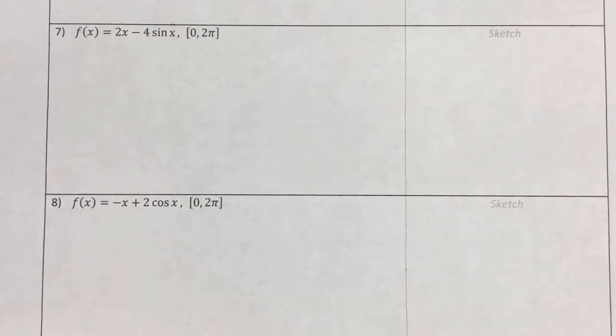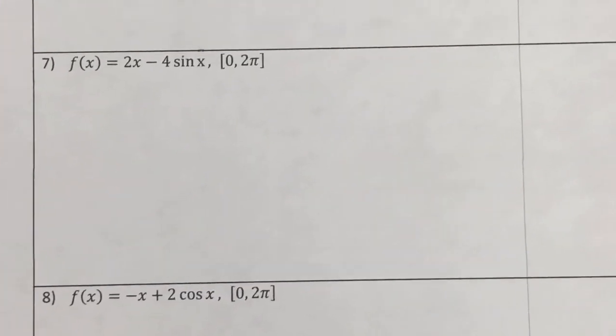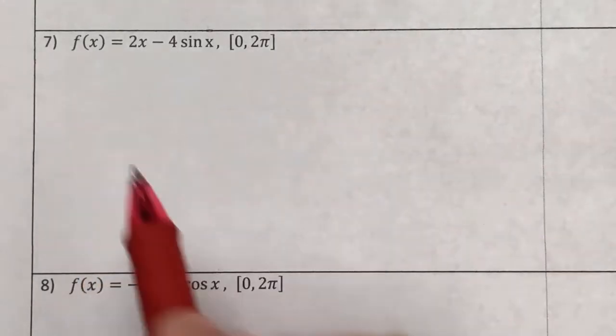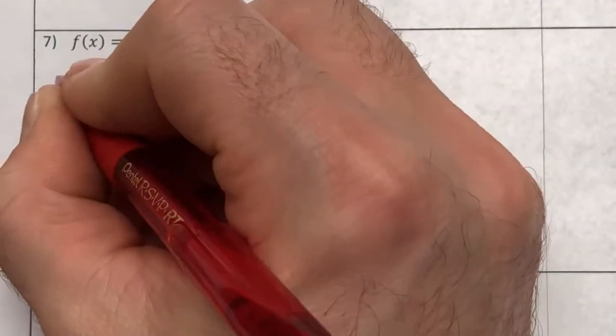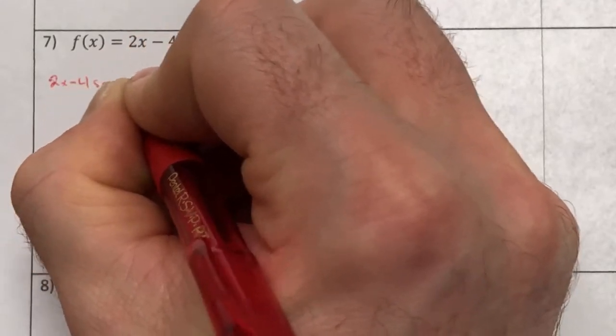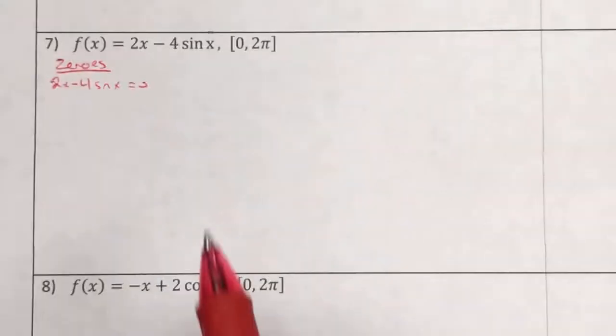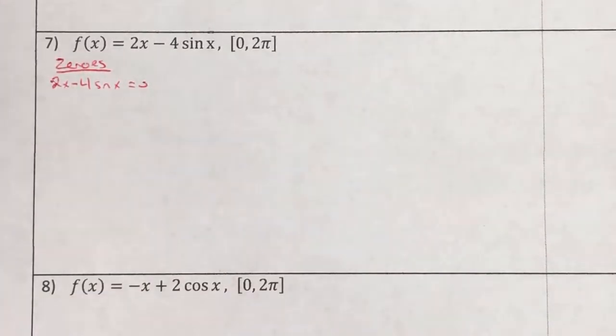Okay. Now that you've had a chance to try it, let's give this a shot. Now, what you might have noticed is that right up front, we kind of run into a little bit of a problem here. I know the fact that with 2x minus 4 sine x, when I try and set that equal to 0, I don't really know a whole lot of values that would make this work because I've got an x in more than one spot.